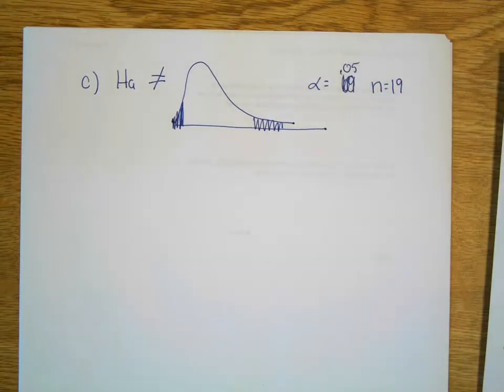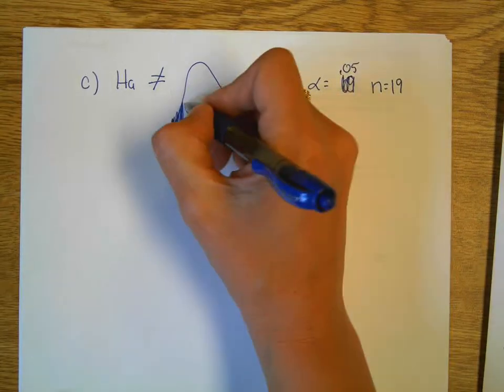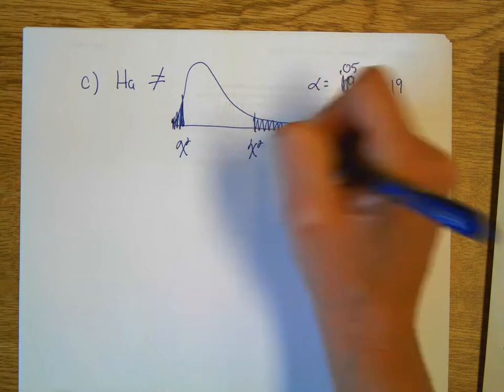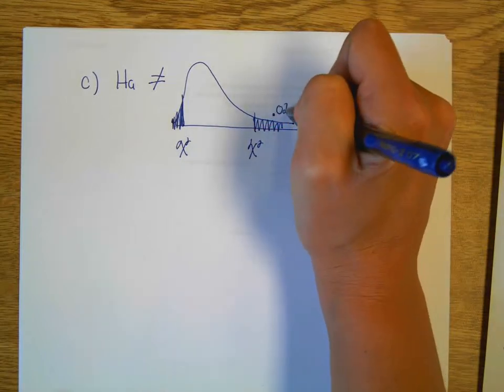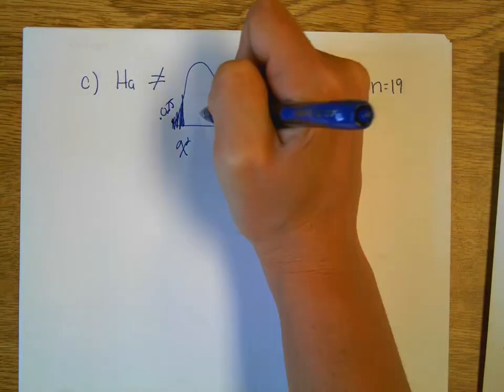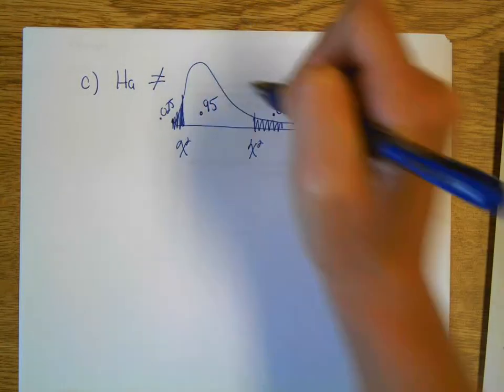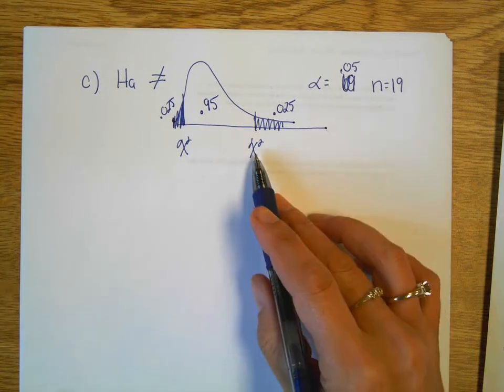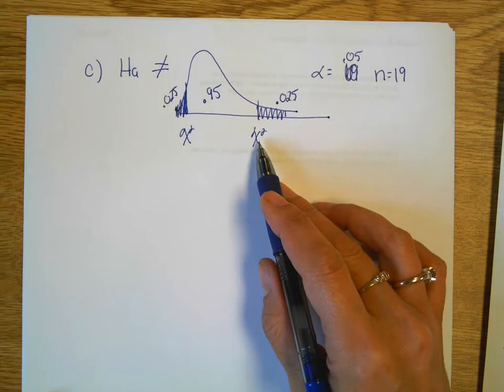Okay, be careful here. So we have to find both critical values. Each shaded is going to be 0.025. That puts 0.95 in the middle. So to find this right chi-squared, what area are you going to look up?